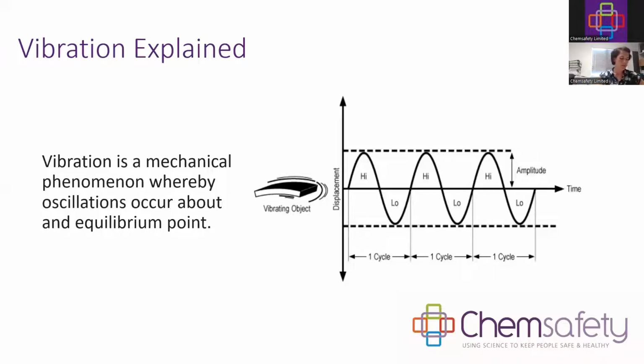The vibration may be periodic or have a pattern, or it may be random. Something that is vibrating will shake, and as you can see, the vibrating object emits waves, and these waves will move the energy through a medium, which is usually the human body.